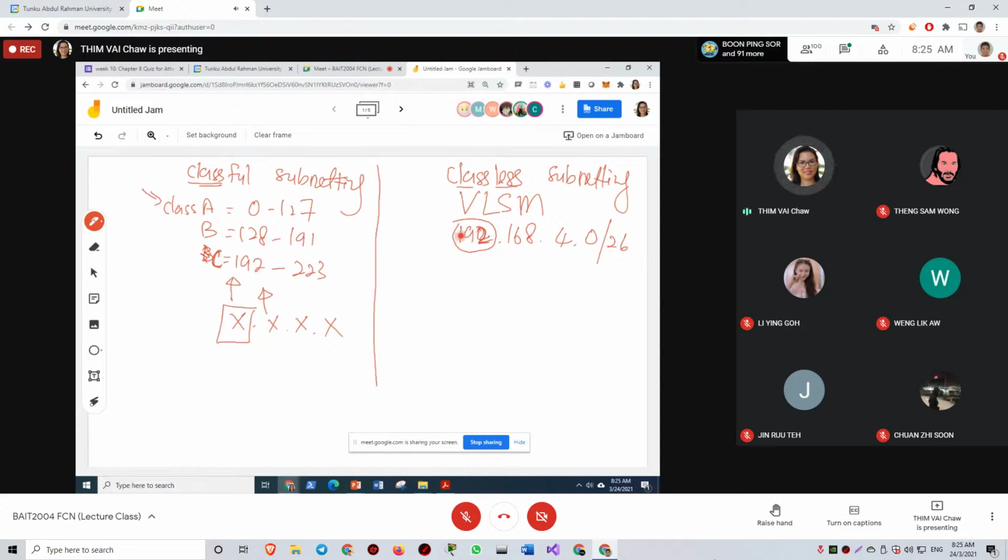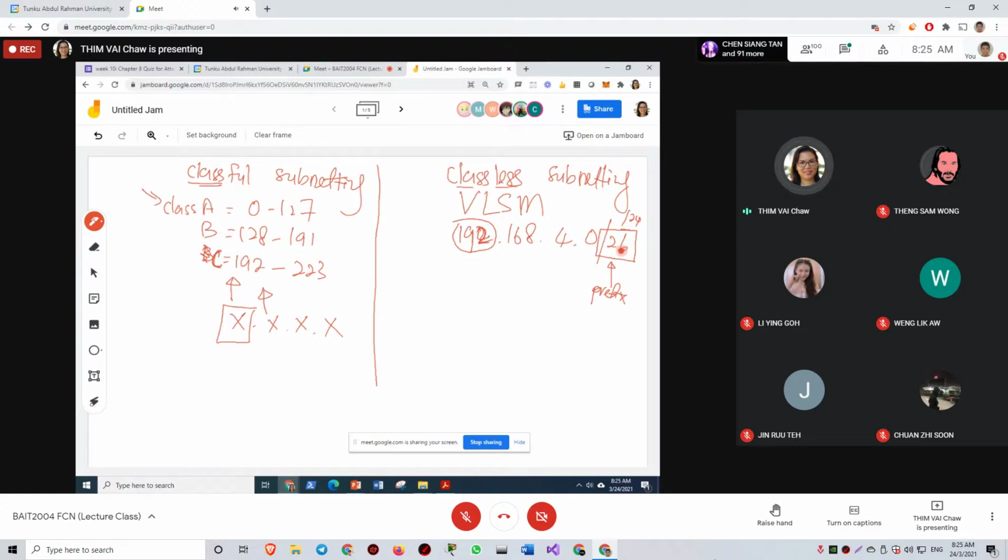You don't need to determine whether it is class A, B or C. The most important thing is you look at the prefix length over here. You will say, hey Miss Chaw, if this is 192, it should belong to class C, so it should be /24.